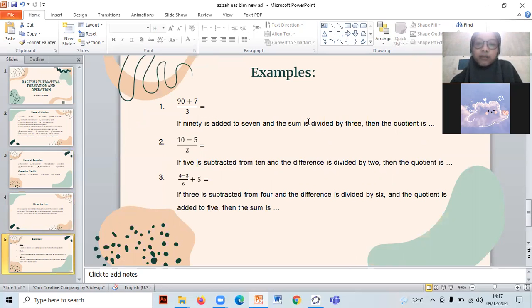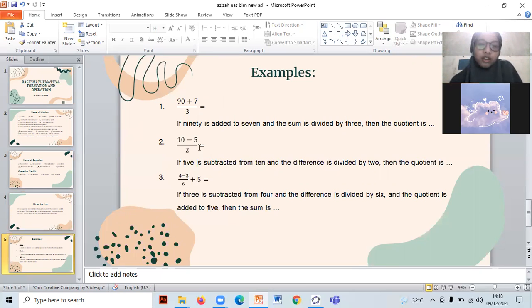And the sum is operation result of addition. Okay, it's division, so we can use divided by because by is the preposition of division. Then the quotient is operation result of division.